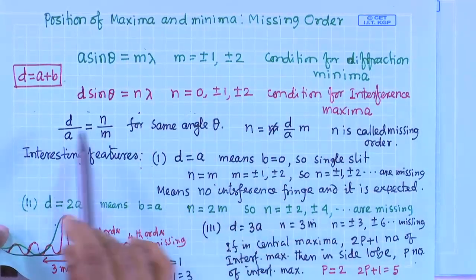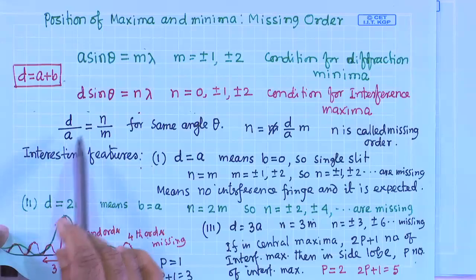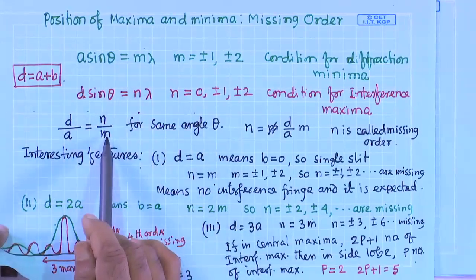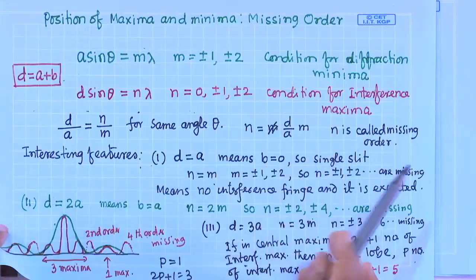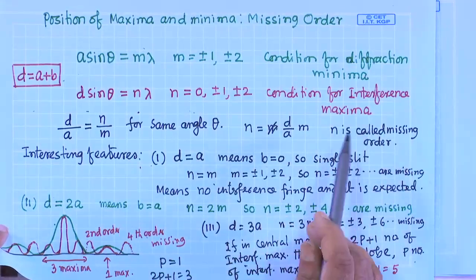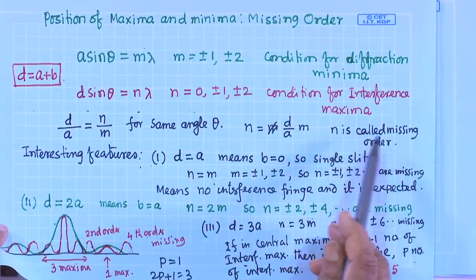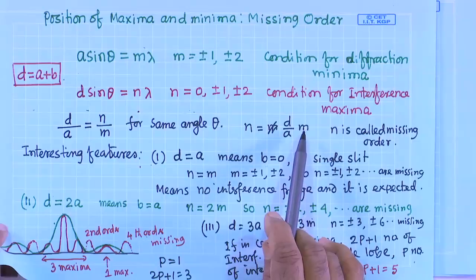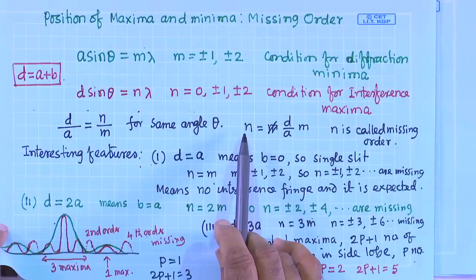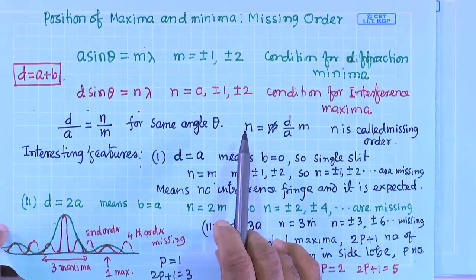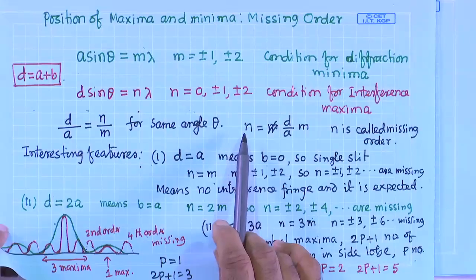For the same angle, we can write d by a equal to n by m. So, n equal to d by a times m. So, n is called basically the missing order for the mth diffraction minima. So, n will be the missing order of interference maxima.